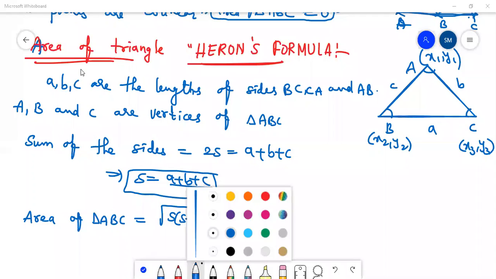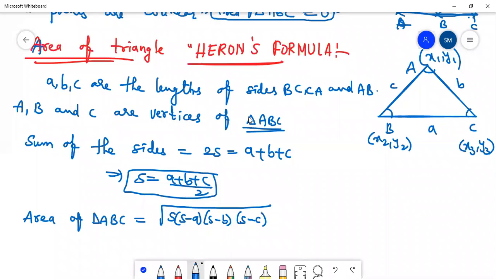The next formula for the area of the triangle is by using Heron's formula. We take the triangle ABC, where A is x1 comma y1, B is x2 comma y2, C is x3 comma y3, the vertices of the triangle ABC. Small a is the length of side BC, small b is the length of side CA, small c is the length of side AB.